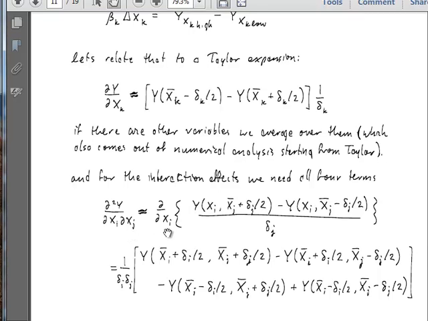Right? So I first take my derivative with respect to xi, and that now is going to be, well, actually, first what I've done is taken a finite difference to represent the derivative with respect to xj. So I've now got y at xi, and here is the average of xi plus, so this is the high value of xj, and then I've got the actual value of xi, and the other input is the low value for variable xj, and I divide by the difference in the values for xj.